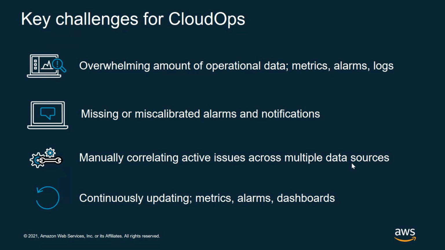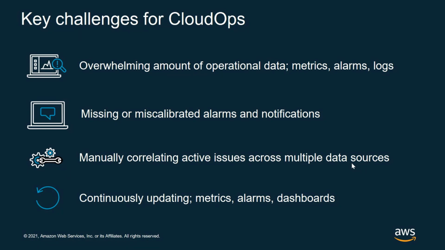I'm probably setting very broad-based alarms because I'm more worried about missing a notification than I am about receiving too many, which can lead to alarm fatigue or the need to constantly be tweaking or calibrating the alarms that I have set.